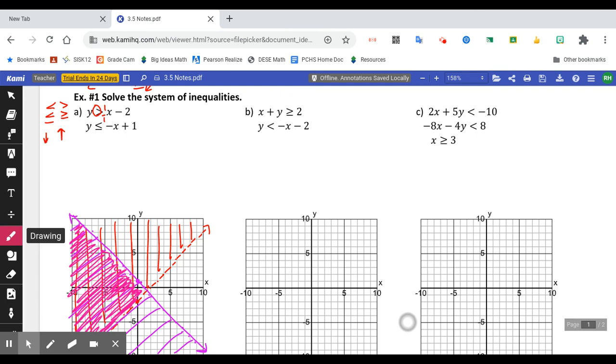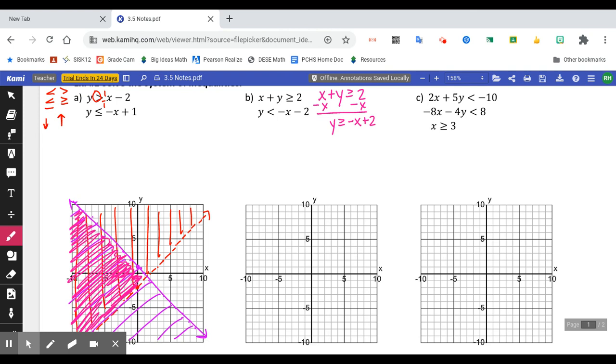So top one needs to be rewritten. So I have x plus y is greater than or equal to 2. Subtract x. And we have y is greater than or equal to -x plus 2. So I'm going to start with that one. So +2. And I'm just going to try to graph this one without shading in all those parts.